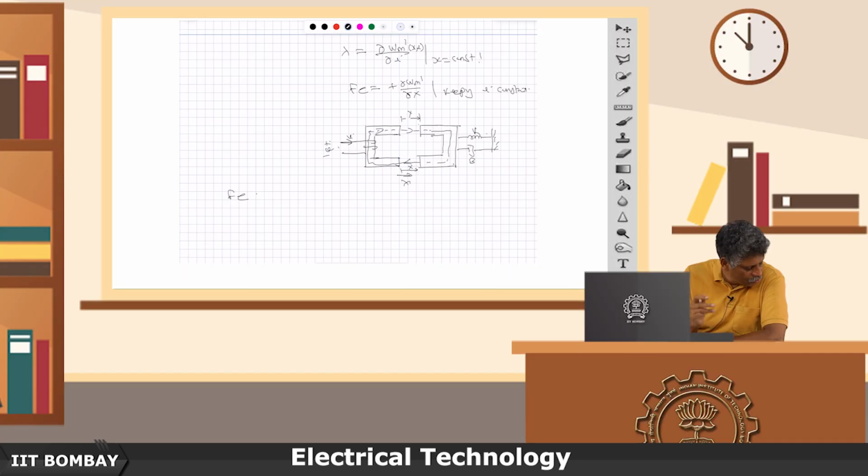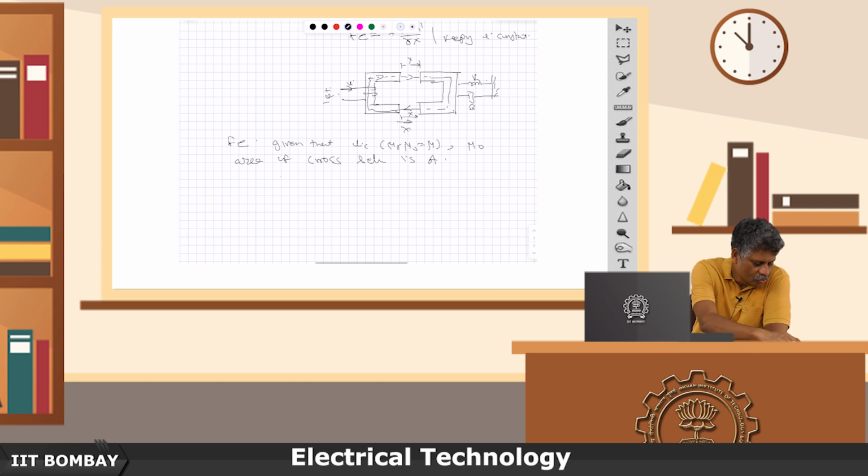Let us try to find out the force given that the length in the core is Lc, mu is mu r mu naught in the iron, and of course in air the permeability is mu naught, area of cross section is A, everything being taken in meters, and we will treat this magnetic material as linear.